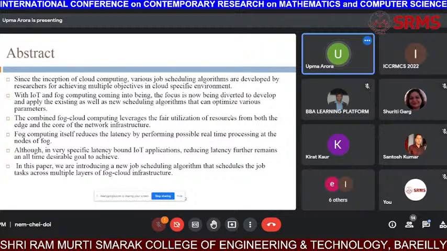Yeah. So for that, I need to introduce the heterogeneity at different levels of cloud infrastructure. In a homogeneous environment, all the resources and workload are of the same capacity. All the modules of the applications that are to be processed are of the same sizes and need the same capacity of computing resources.